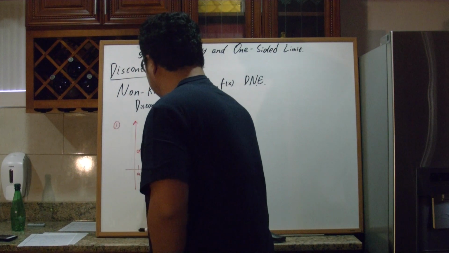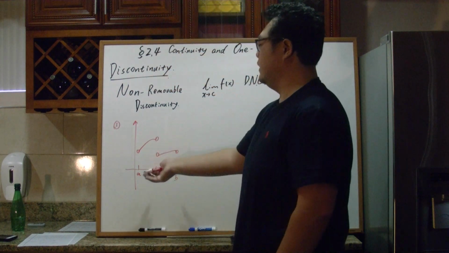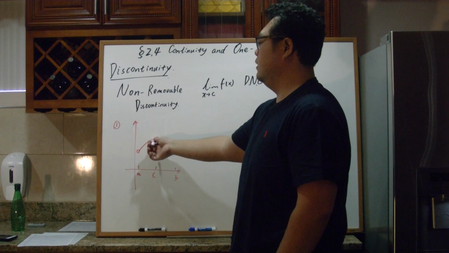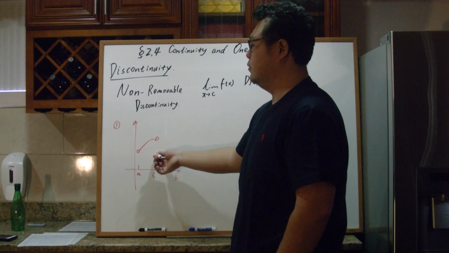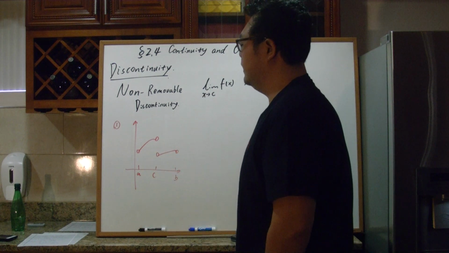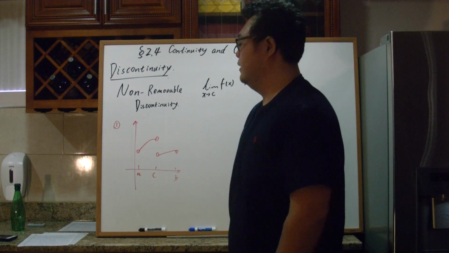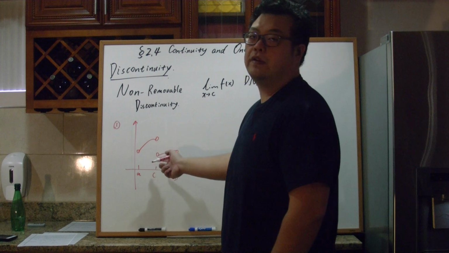Or it could be the case that at c, the one-sided limit has one value when x approaches from the left and another value when x approaches from the right. That is, both one-sided limits exist, but they don't match.